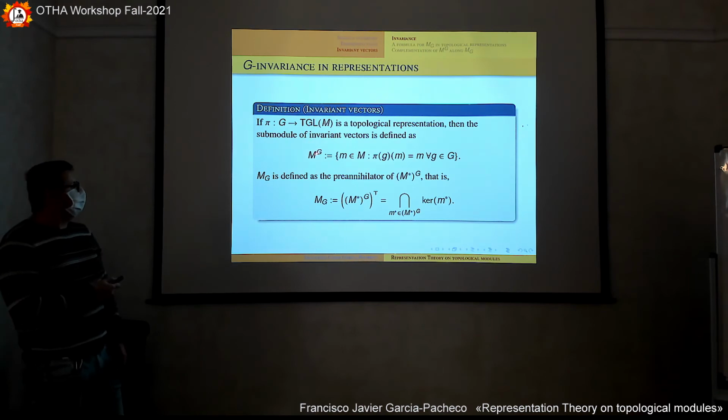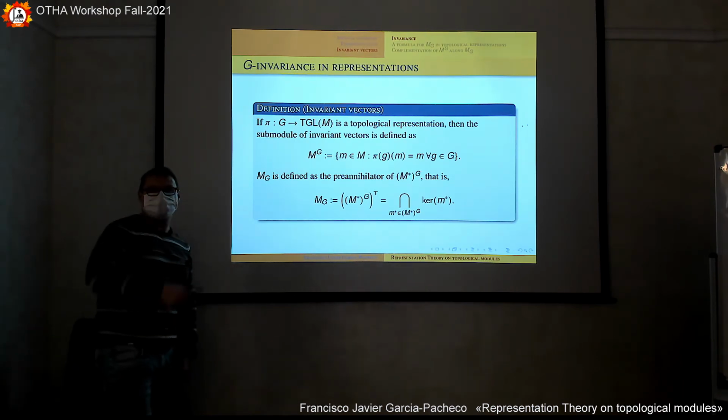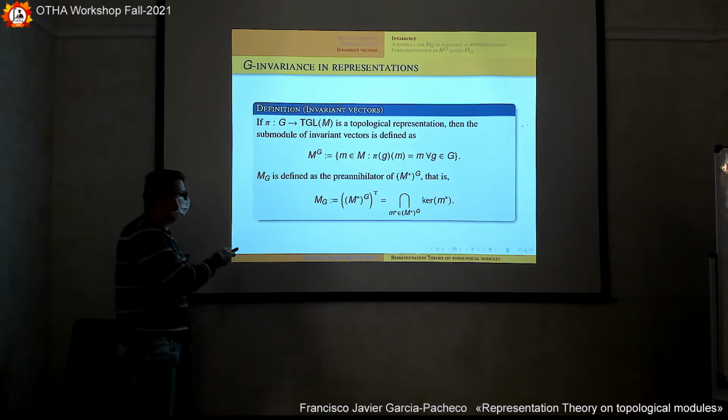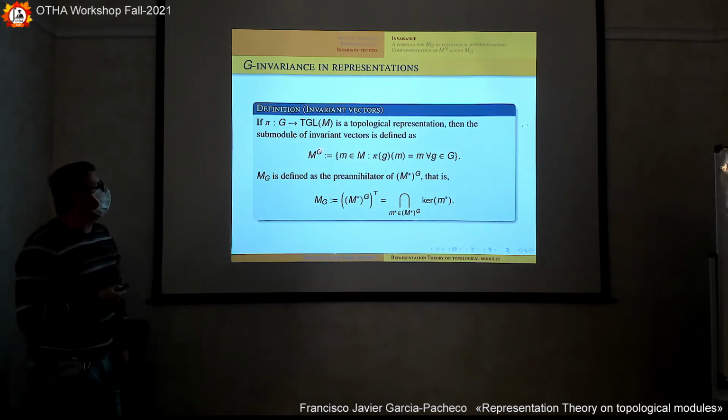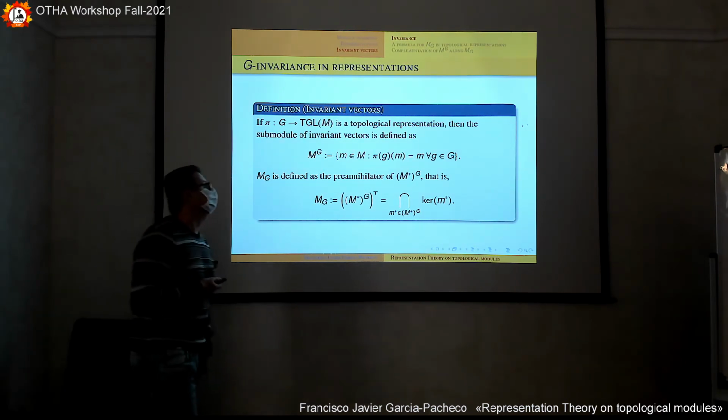And then M sub G is defined as the pre-annihilator of the submodule of invariant vectors in the dual representation. So now the main question is when M sub G is complemented along M sub G. That's the main question.